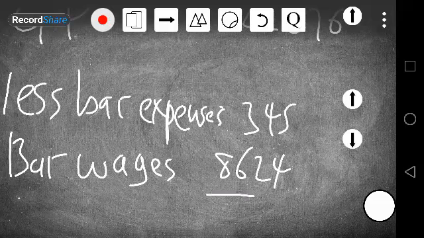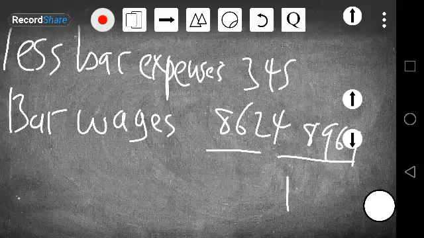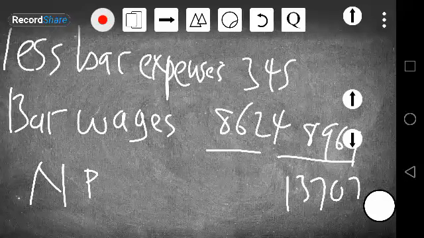So if we add these two, we get 8,969. And if we less, we get 13,707, which is our net profit. Okay, that is how we do it for the trading account.